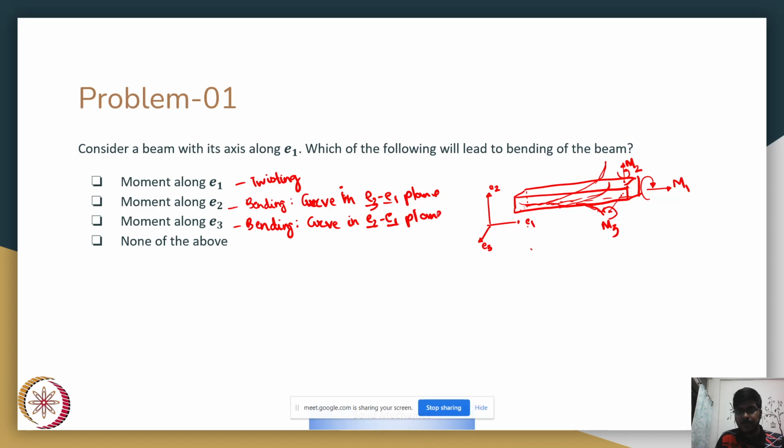So option B and C would give us bending of the beam.